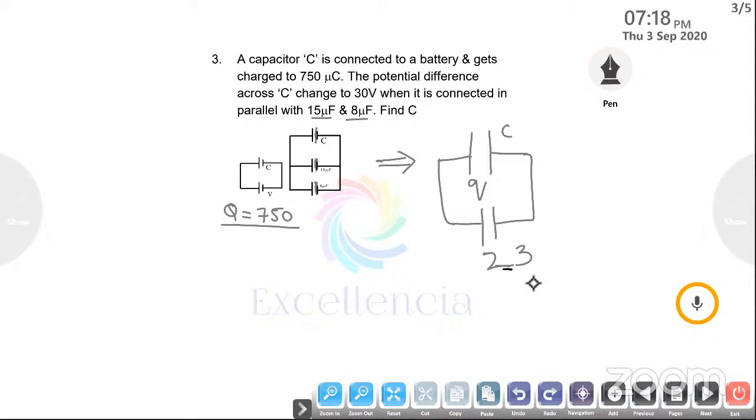Yes, sir. So 750 is the original charge. Now after connecting, some other charge will go here. Suppose this has Q charge, then this will have 750 minus Q, by Kirchhoff law. It is also given that the potential difference Q by C finally changes to 30 volt. Q by C becomes 30 volt.